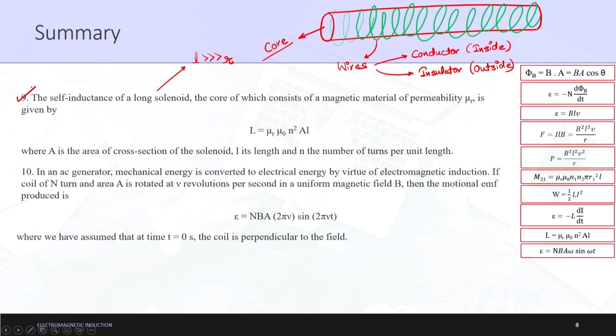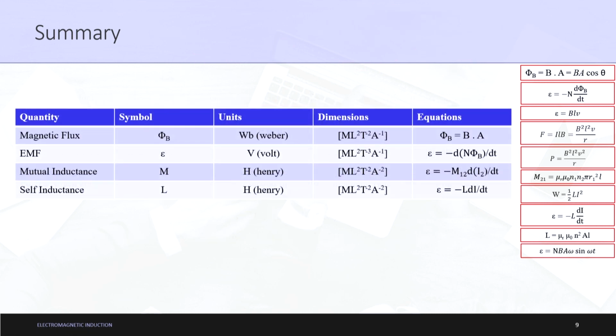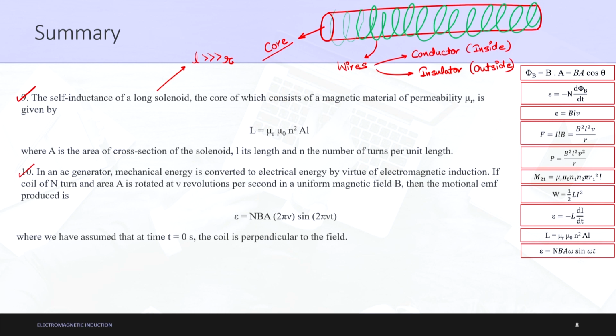Next, the 10th point, that is in an AC generator. I think this is the last point. Yes, this is the last point. In an AC generator, mechanical energy is converted to electrical energy by virtue of electromagnetic induction. Mechanical energy as in rotating the shaft, either using gears or, for very simple generators, using your hand movement.